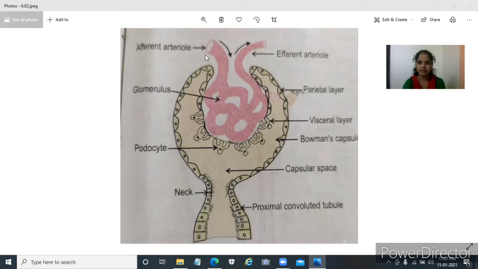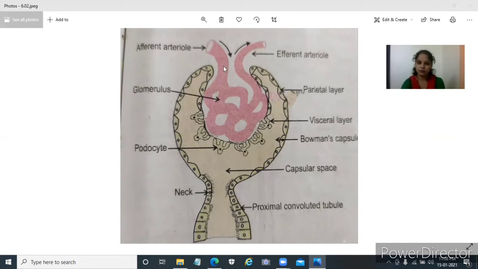Now the afferent arteriole, actually it is a part of the terminal part of the renal artery. We know about that. Renal artery supplies the blood to the kidney, and afferent arteriole is a terminal portion of the renal artery. Now, when it enters into the Bowman's capsule, it divides and redivides to form a globular structure.